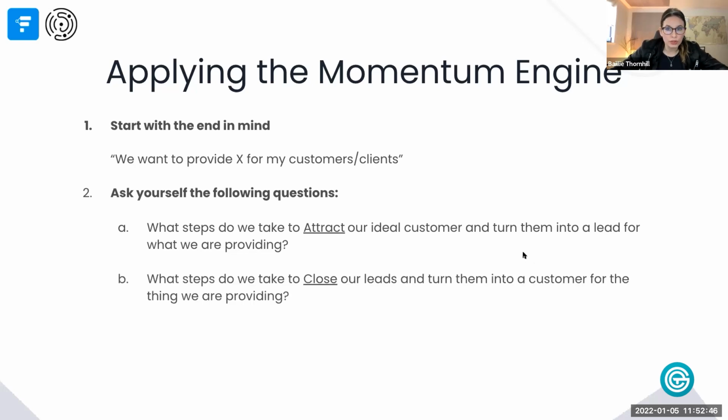And then when we go through the close stage, same thing. What steps do we take to close our leads and turn them into a customer for the thing that we are providing? And so this will help you break down and understand, when does my attraction stage end, right? I've attracted this person. This stage has now ended.